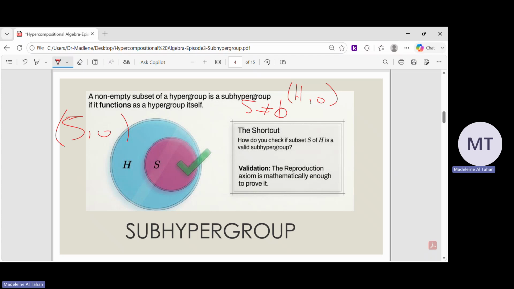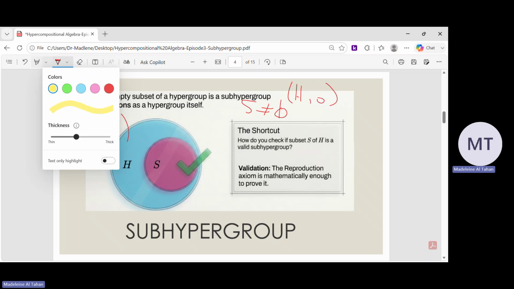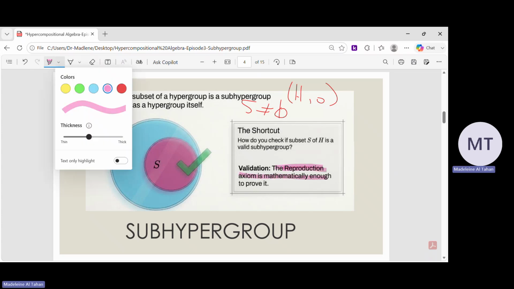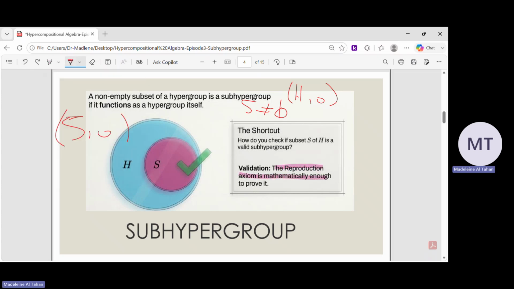So to prove that a subset is a subhypergroup, all we need is just the reproduction axiom. What do we mean by the reproduction axiom? It means that we need to show AS equals SA equals S for every A in S.